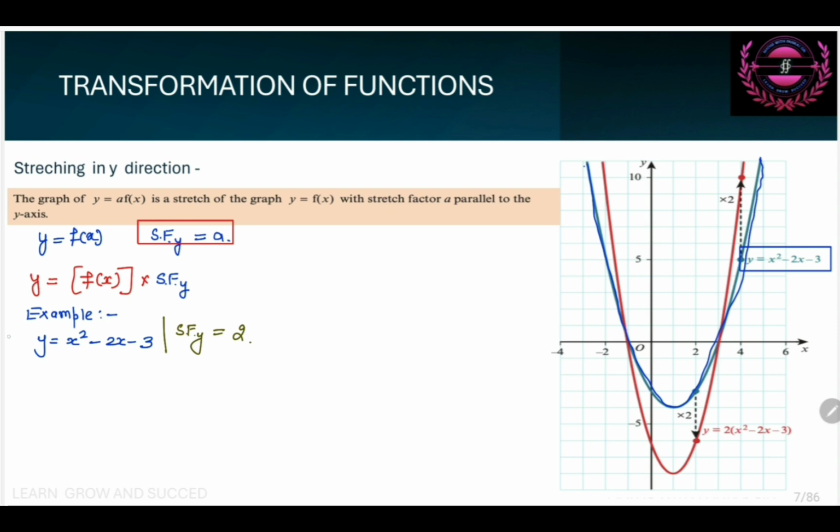So my graph after the transformation will be the whole function multiplied by the stretch factor. So I will write 2 into the whole function, x square minus 2x minus 3. So this is my graph after the transformation and my final answer. Let us understand this with another example. Example 2.